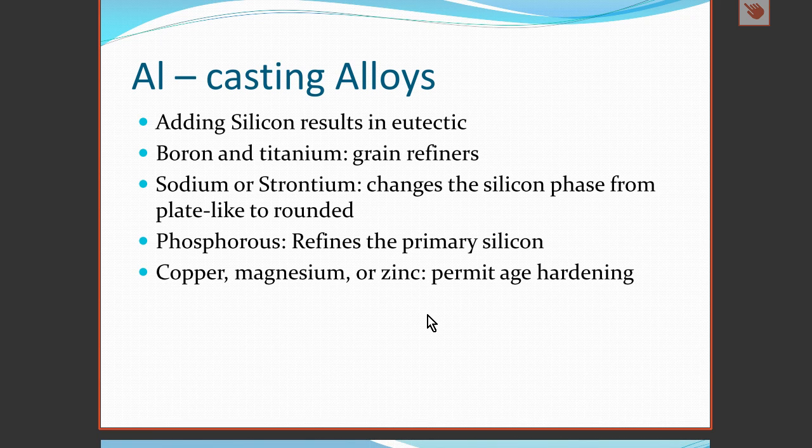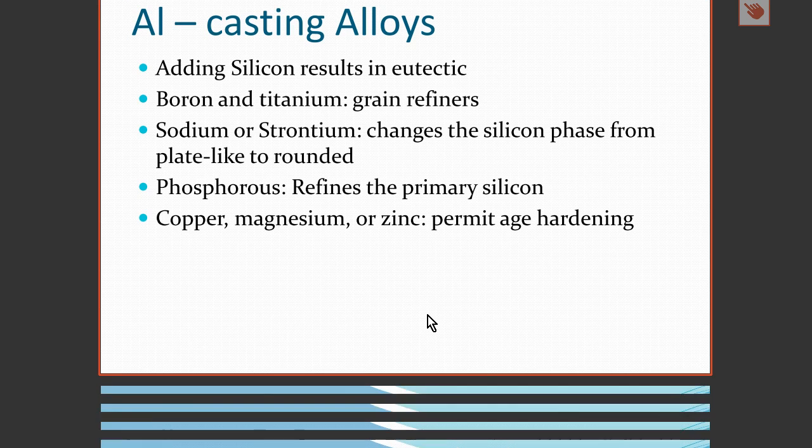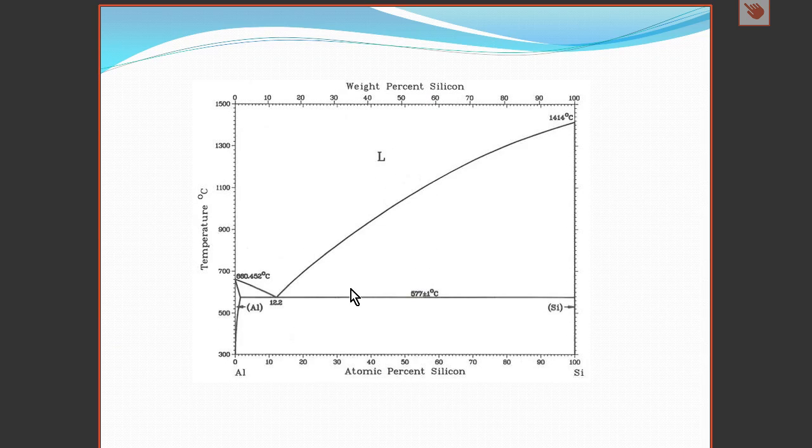And then copper, magnesium or zinc may be added to permit age hardening of the alloy. Here we see the phase diagram of aluminum silicon showing the eutectic reaction that occurs at 12.2% silicon. So this would be known as the eutectic alloy.